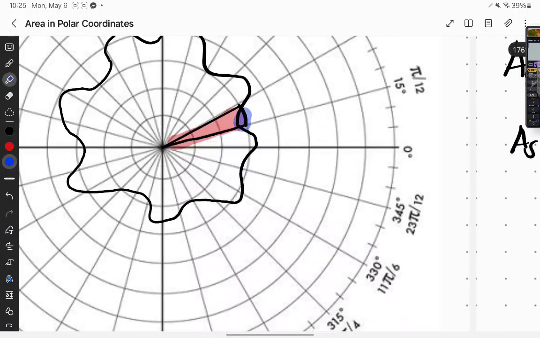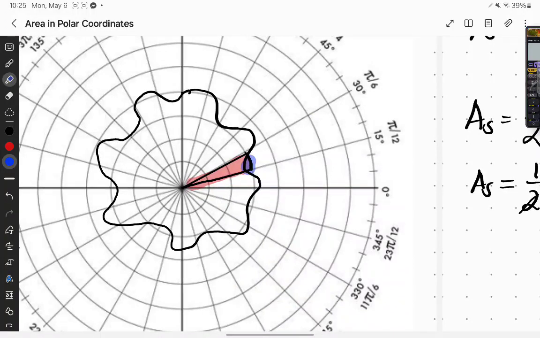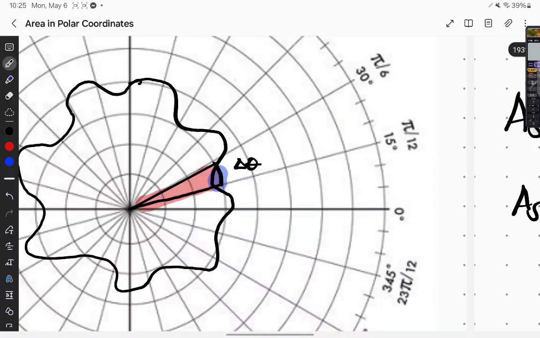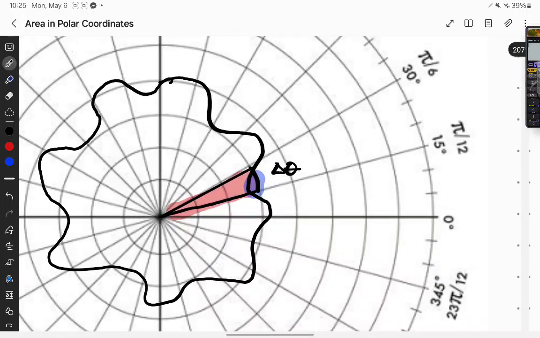But if we transform our angle into a very small angle, let's denote that as delta theta, and we make that very, very small, our approximation becomes more accurate, because we will now just be having a very small area of a sector, very close to a single line.